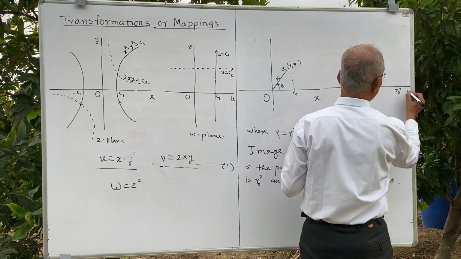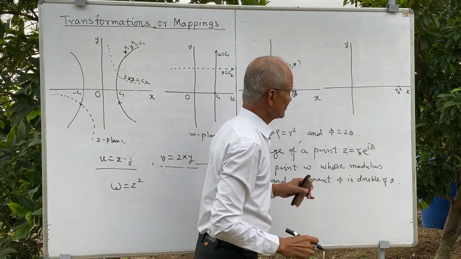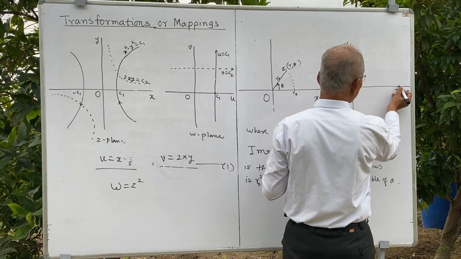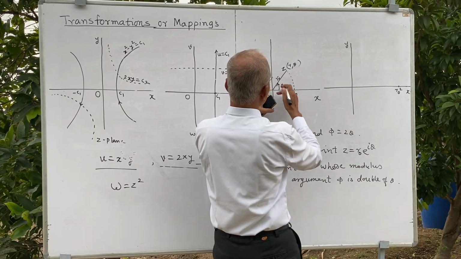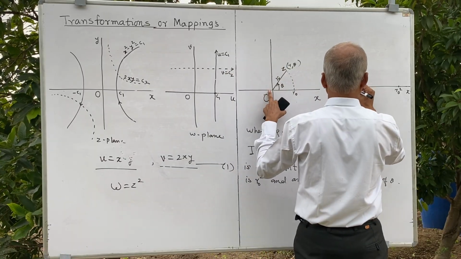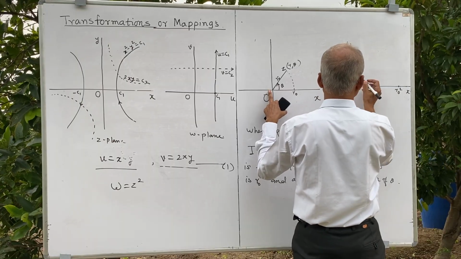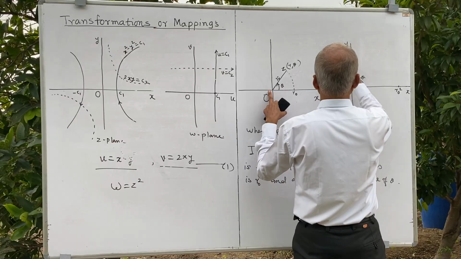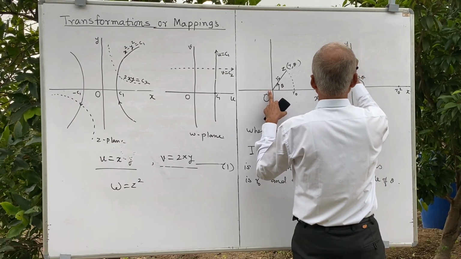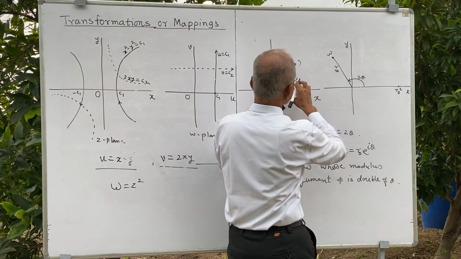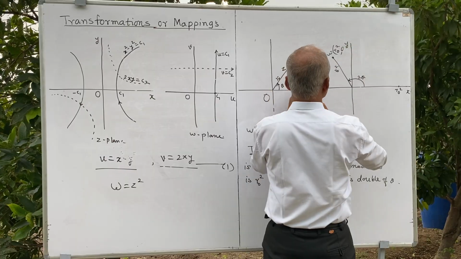This is the same plane, but we are showing it separately, and the angle theta becomes 2 theta. So, if this is 2 theta, and this vector is r naught square, this is the image of z, that is r naught square, 2 theta.